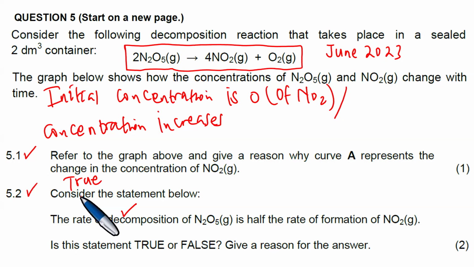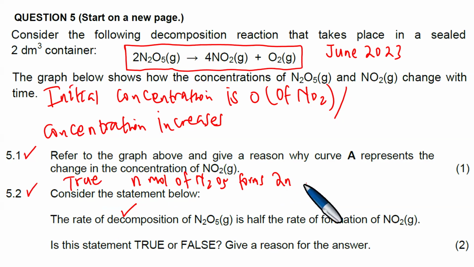Why would this be true? n mole of N2O5 forms 2n mole of NO2, for example, per unit time.